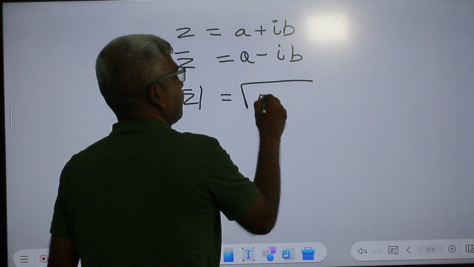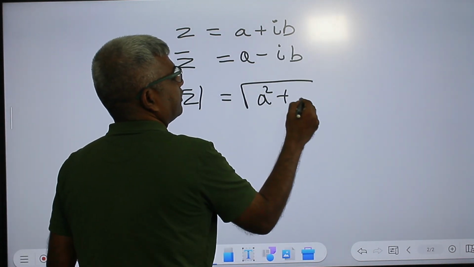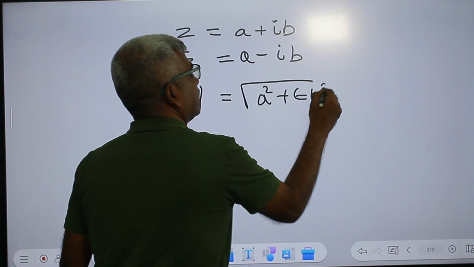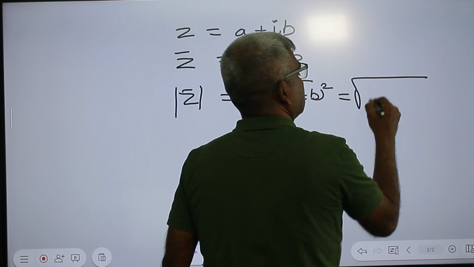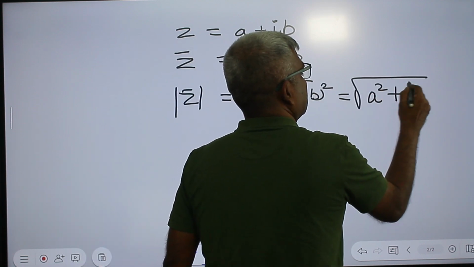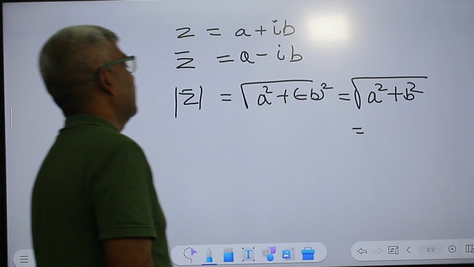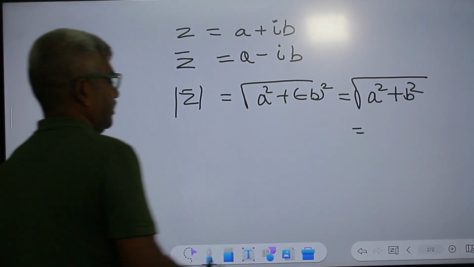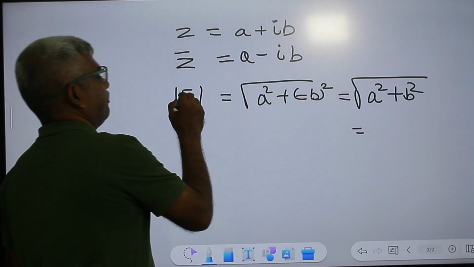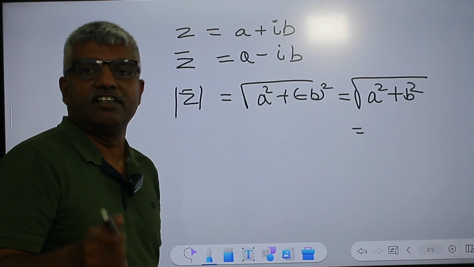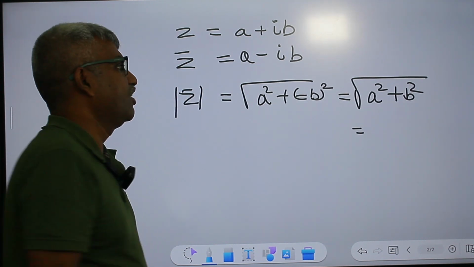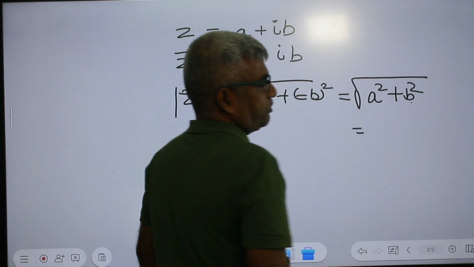That is also same. Modulus of conjugate z is equal to modulus of z. Both are square root of a square plus b square.